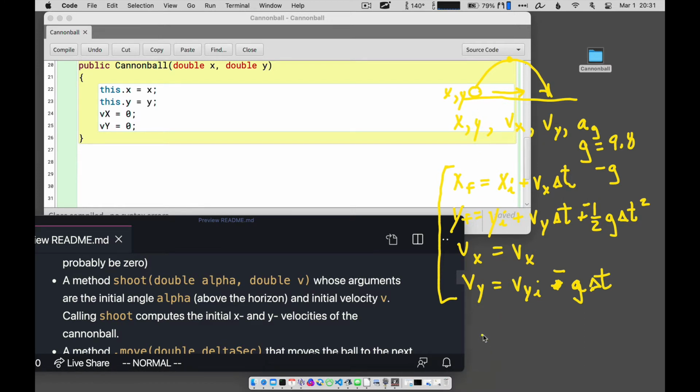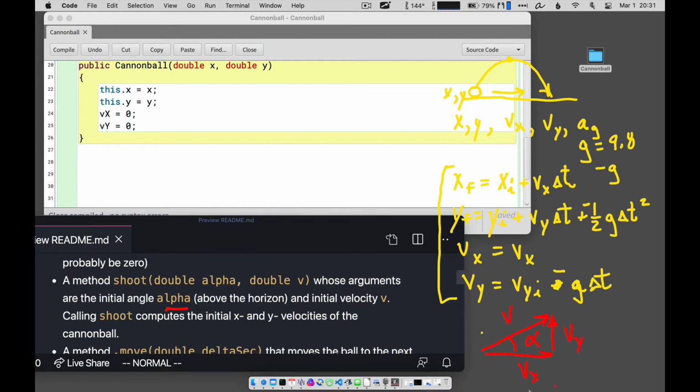So when I shoot, apparently they're going to give me a velocity and an angle alpha there. And what I'm going to do is take those two values and calculate my initial v in the x direction and my initial v in the y direction.